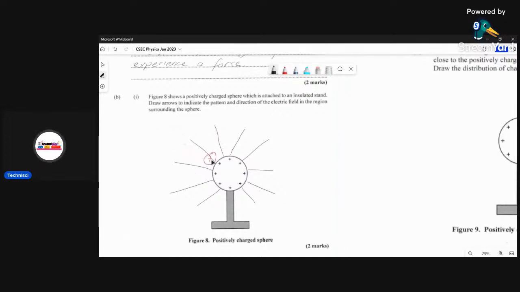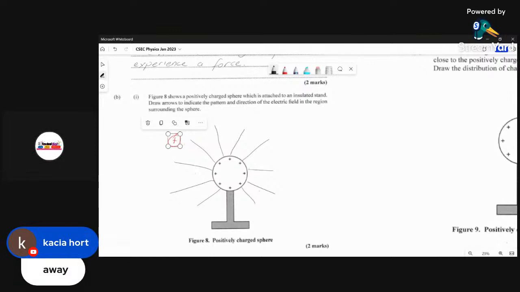Is it going to move towards the sphere or away from the sphere? Bringing my positive point charge in this field. Awesome. It's going to go away because they are like charges and like charges repel.